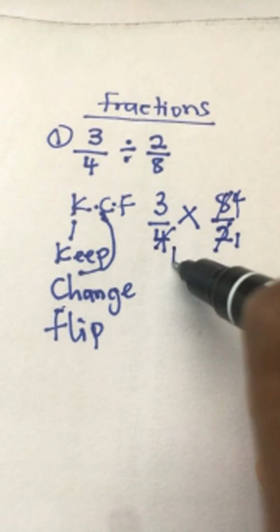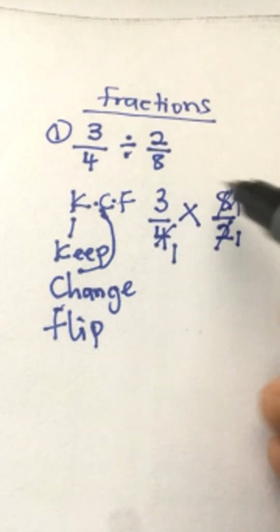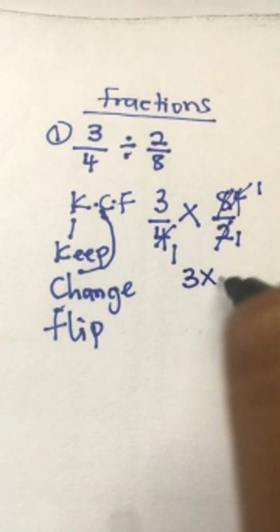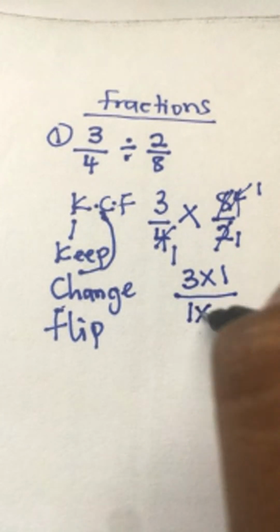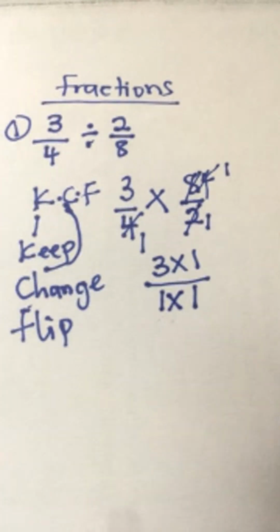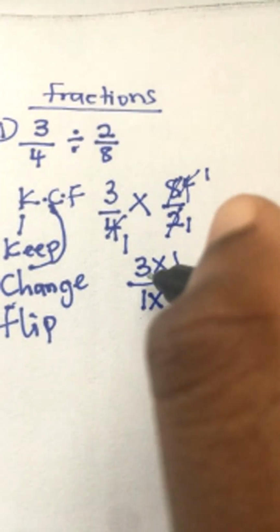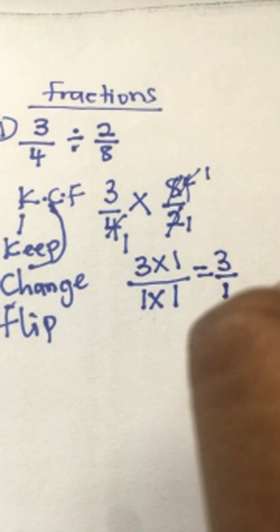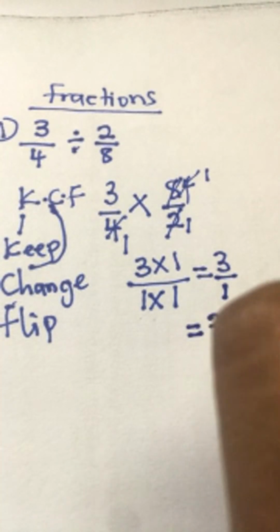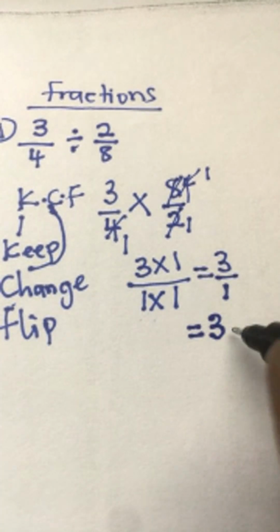The 4 can also cancel 1 and go here 1. So we now have 3 times 1 divided by 1 times 1, and that will give us 3 divided by 1, which is equal to 3. That is simple.